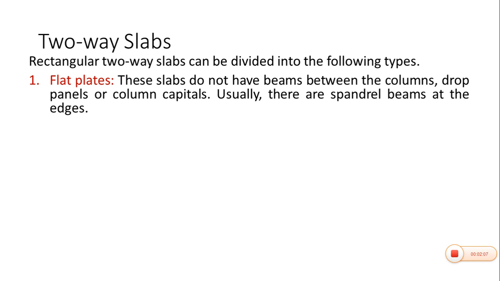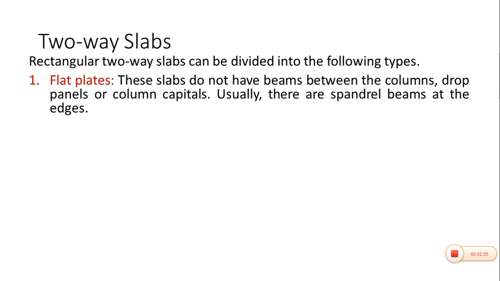In structural design 2 we studied how to design an RCC slab, meaning how to find out the reinforcement and the depth. But here in structural design and drawing 3 we are going to design this two-way slab by prestressing techniques, not by RCC.